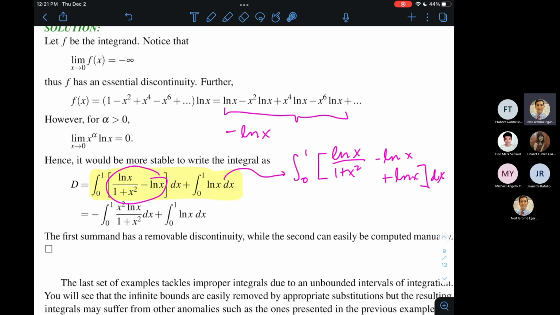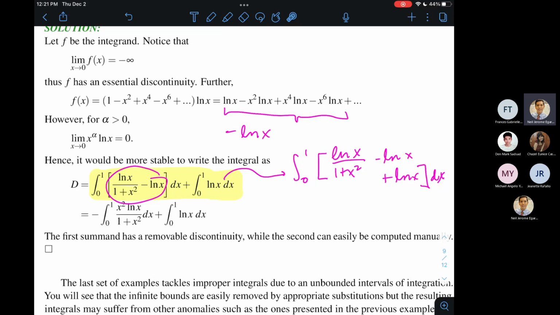Now, hindi nag-work yung numerical techniques, yung quadrature rules na supposedly gagamitin namin para isulat yung program. Pero there was a nice way, something that engineers usually use, at least electrical engineers. Meron silang mga method na paano ma-separate yung singularity o yung nagko-cause ng essential discontinuity.